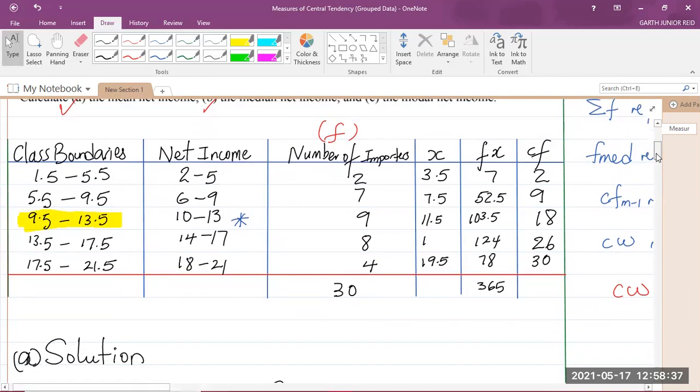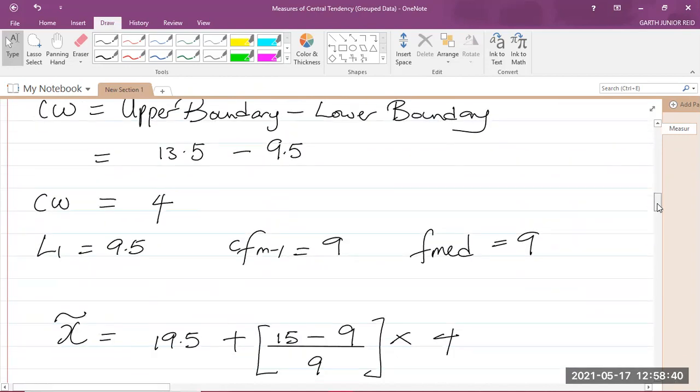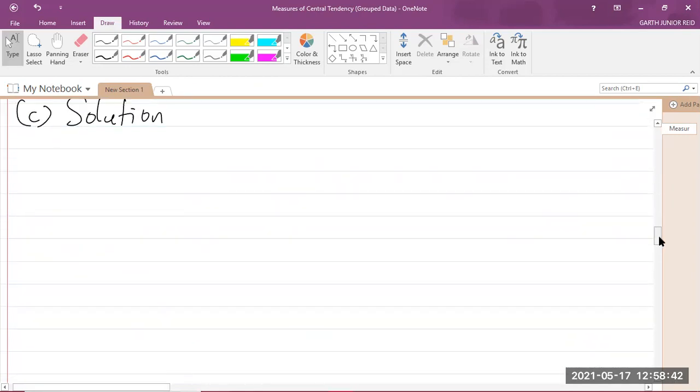Let's calculate the mode. So this is part C solution.